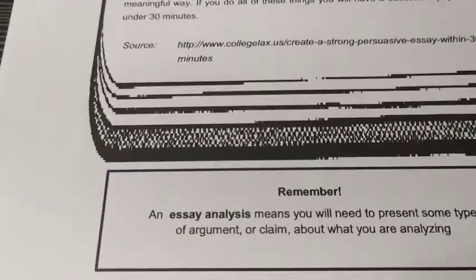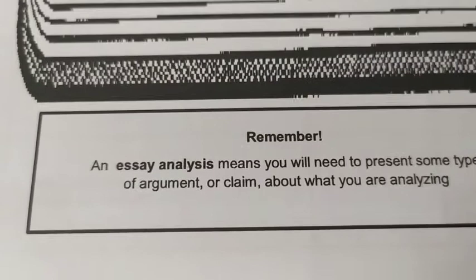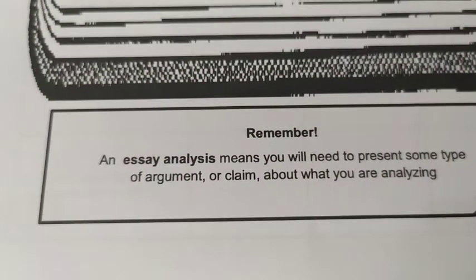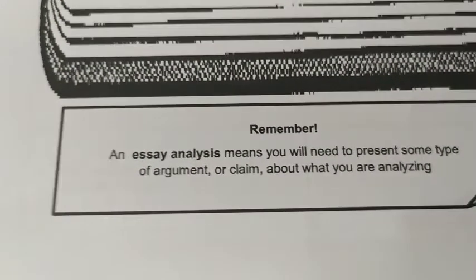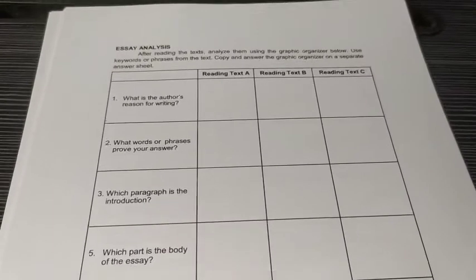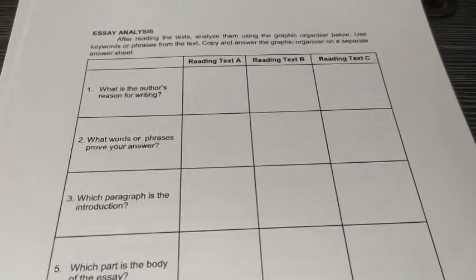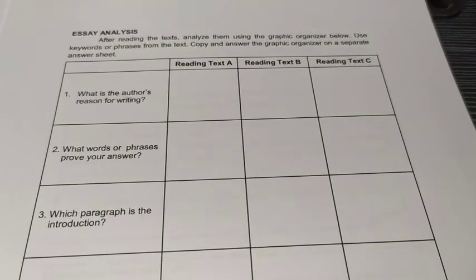Because remember, an essay analysis means you will need to present some type of argument or claim about what you are analyzing. After reading those 3 essays, which are argumentative, informative, and persuasive, you will have the essay analysis. For text A, text B, and text C, you will copy this table on your answer paper.